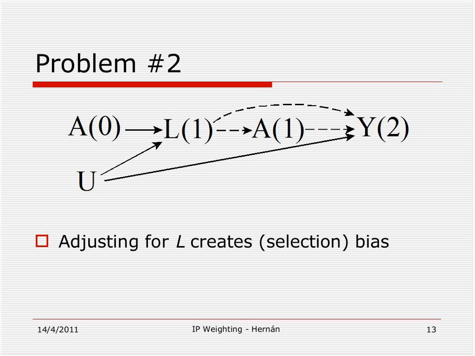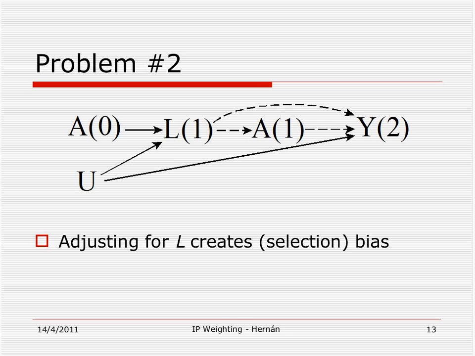Now, if I add L1 to my model, if I condition on L1, I have a very similar situation to the one I described before when I had the rain, that's A0, and the sprinkler, that's U, and the grass is wet, that's L1. If I condition on L1, I am going to create an association between A0 and U because I'm conditioning on a common effect.